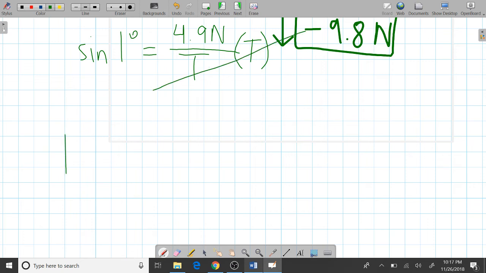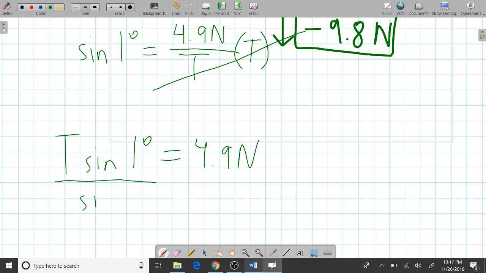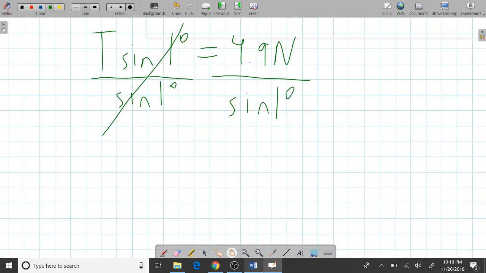Whatever I do to one side of the equation, I have to do to the other. And now, how do I get T by itself? That's easy. I just divide by sine of 1 degree. That goes away. Whatever I do to one side, I have to do to the other. So when I do that, I'm just left with T is equal to 4.9 divided by sine of 1 degree.